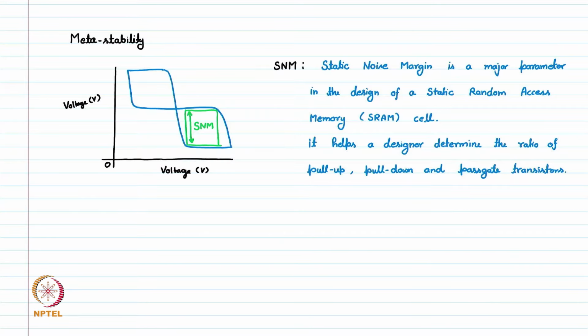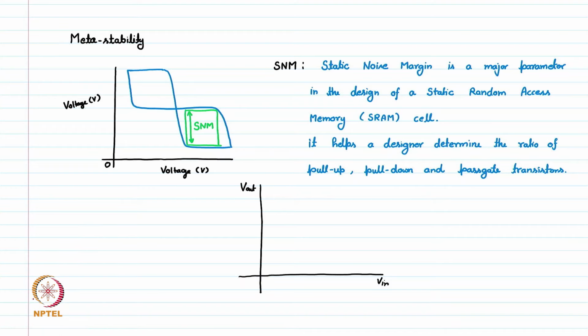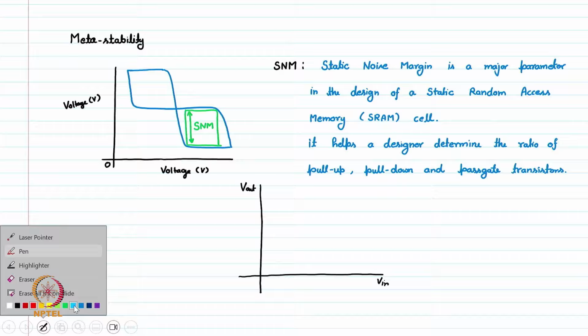Similarly, we have other important parameters derived from this butterfly curve. Let's draw this graph again. So, this is V out, this is V in. We have actually two graphs here.